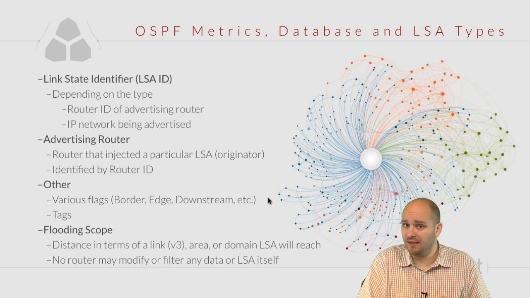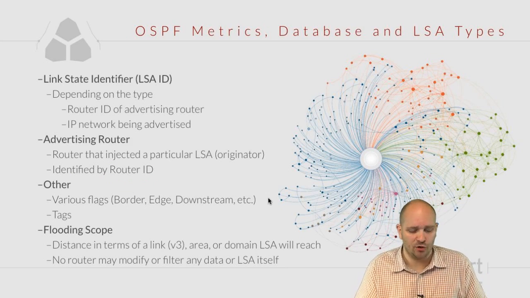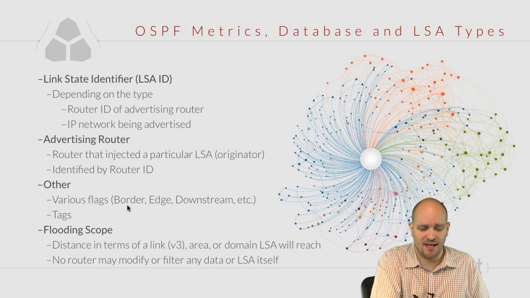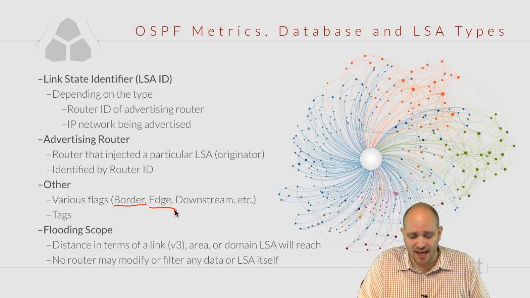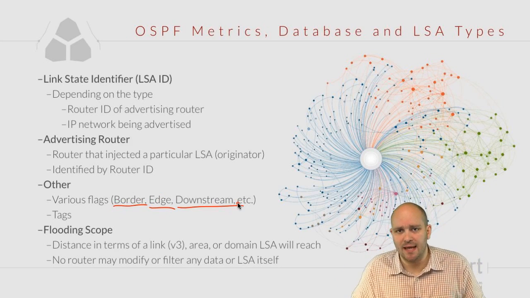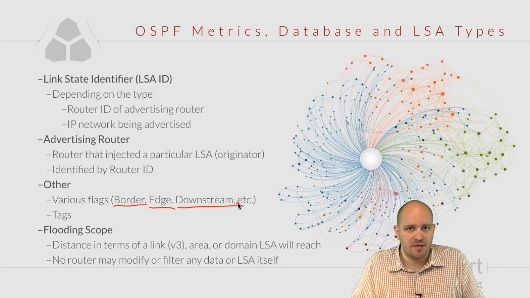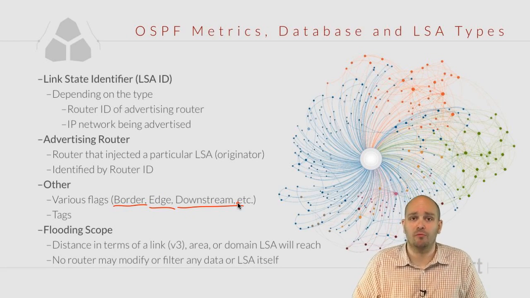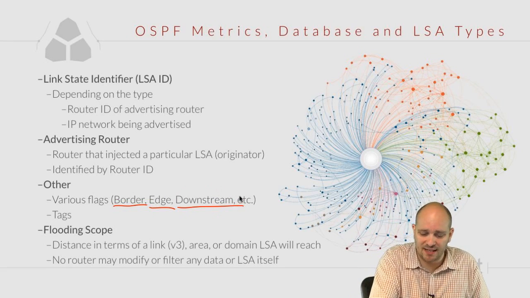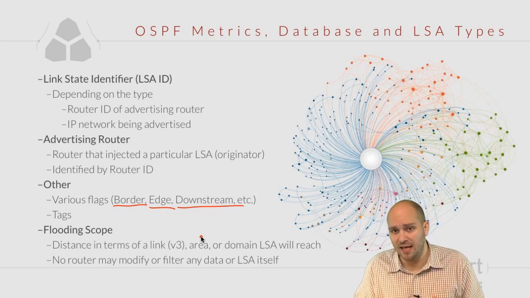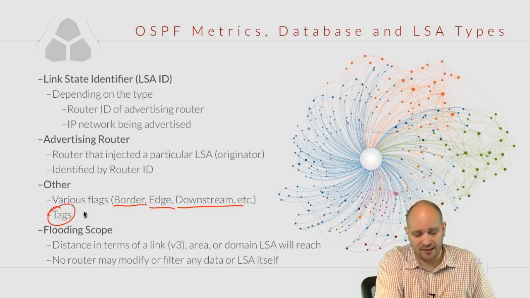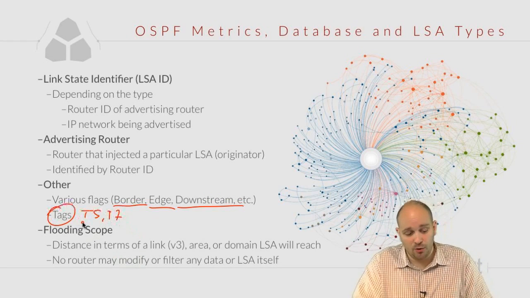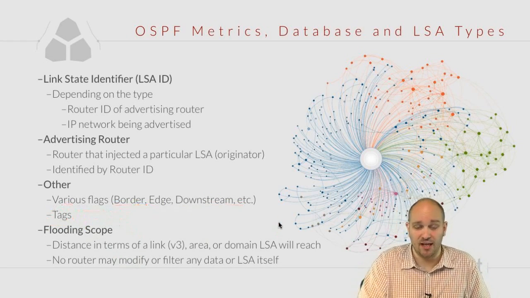Also, LSAs, depending on their type and the information they carry, may contain other important bits of information, for example various flags, like the flag indicating that the router is an ABR or an ASBR, or the loop prevention in, say, MPLS layer 3 VPNs, which are outside the scope of what I'm saying now, but I'm just using that as an example of the information that could be additionally carried in the LSA. Also, in the case of type 5 and type 7 LSAs, we could have the route tags carried there as well.